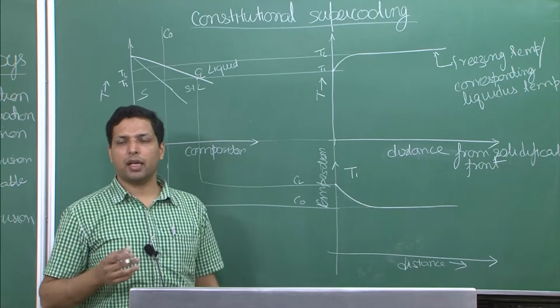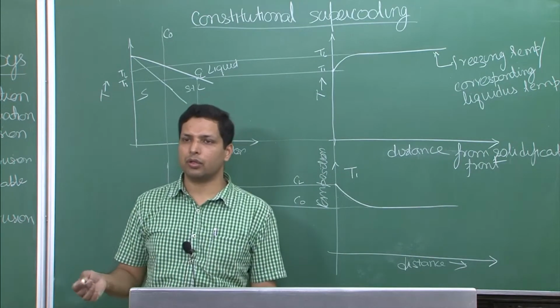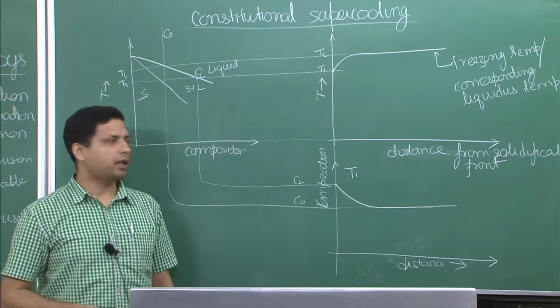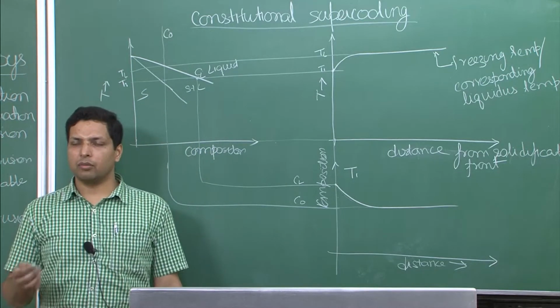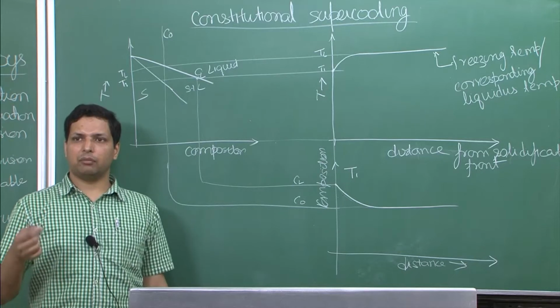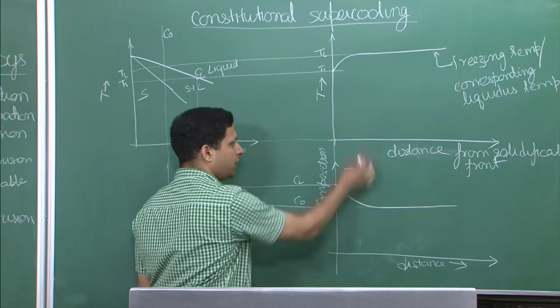But this is something like a theoretical value, just like you talk about copper and the melting point is 1080 degrees Celsius. So we are just talking about the theoretical melting point for corresponding compositions.